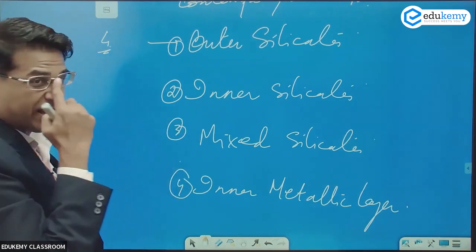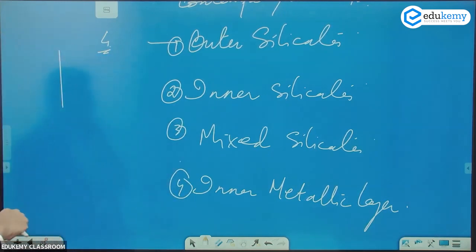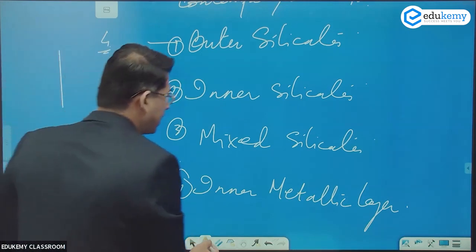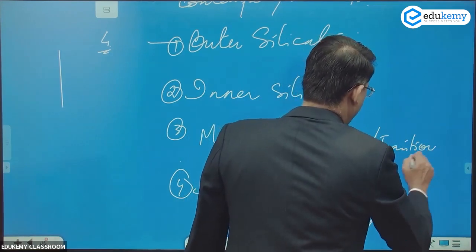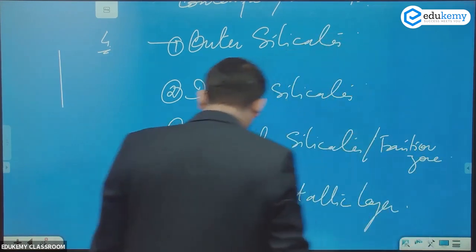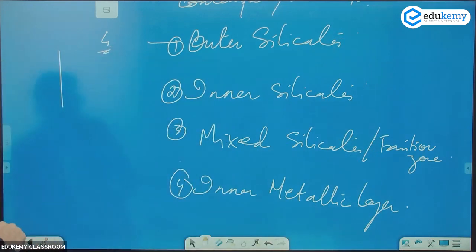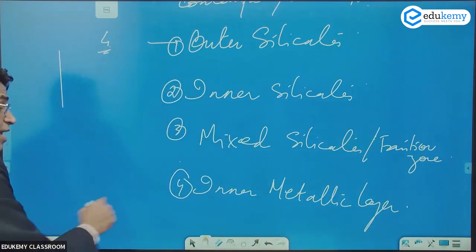The outer silicates, the inner silicates, the mixed silicates. The mixed silicates, this is something like a transition zone. Transition zone, the mixed silicates and the inner silicates, inner metallic.